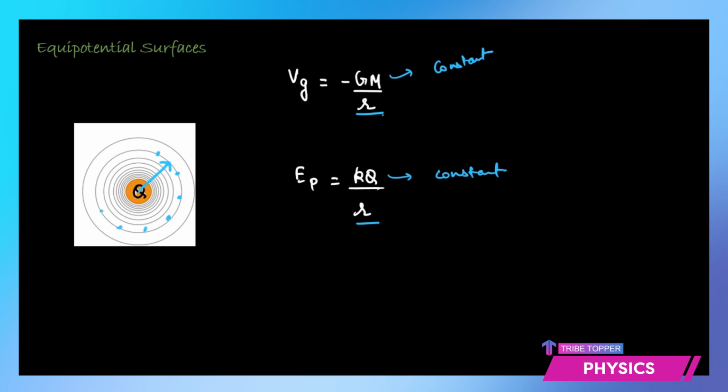So all these points will have the same potential V at each point. So these are known as equipotential surfaces.